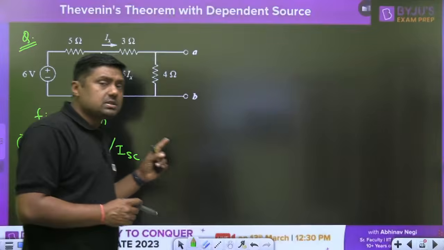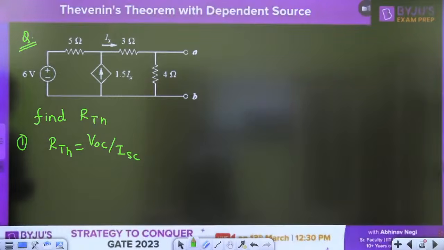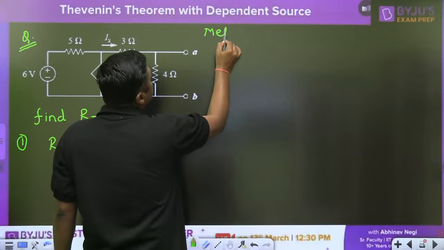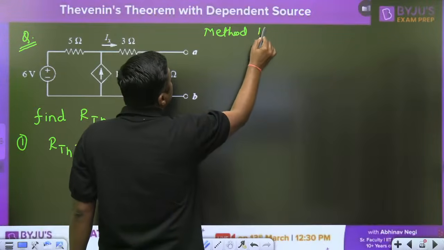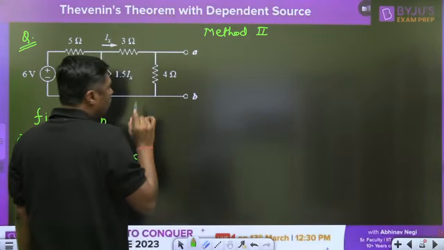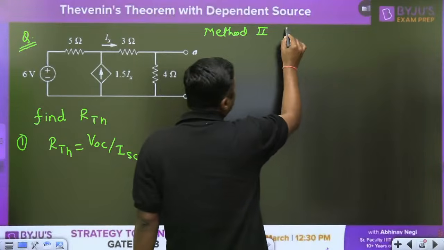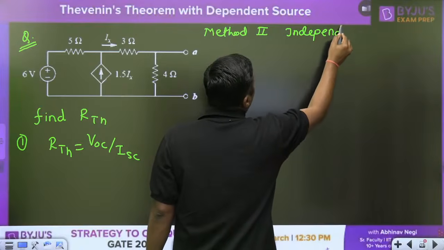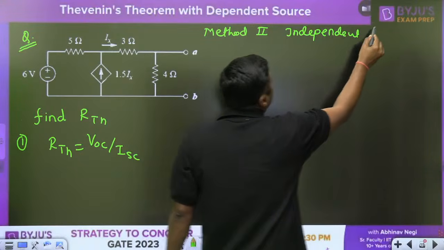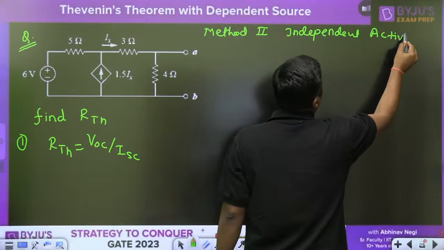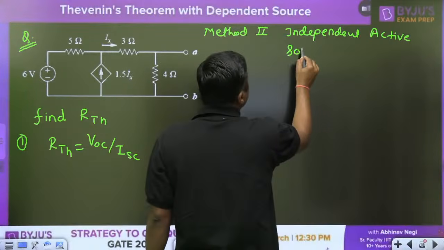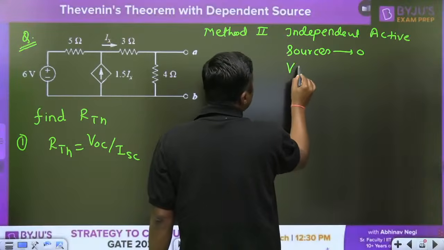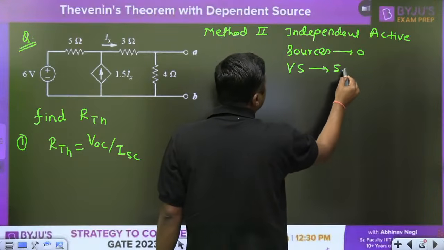Okay. In this case, first of all, always remember, what is the second method? Method 2: make all independent active sources equal to 0. Always remember this point. It means if there is a voltage source, make it short circuit.